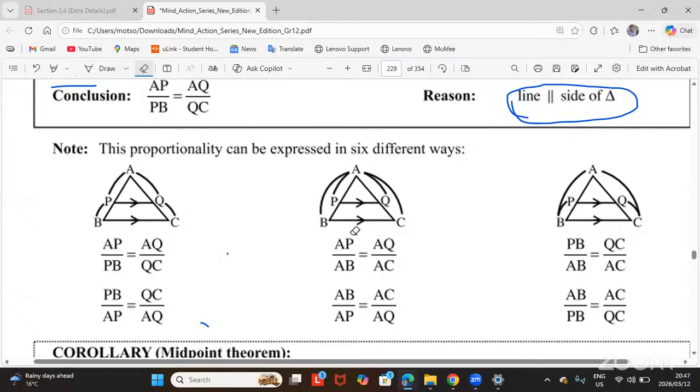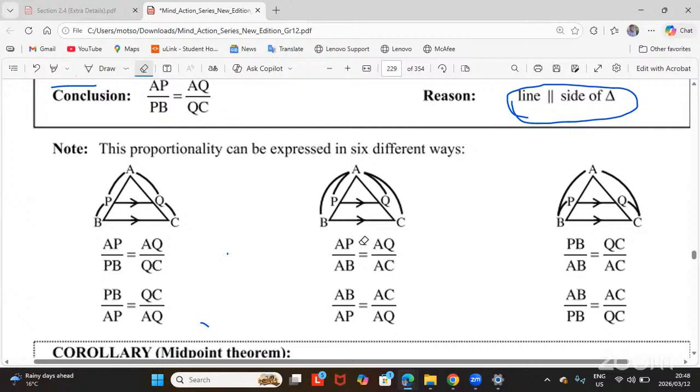Let's see what we have. We have AP over the whole side AB. We should do the same on the other side, AQ over AC. So AP over AB should be equal to AQ over AC. That is the statement.